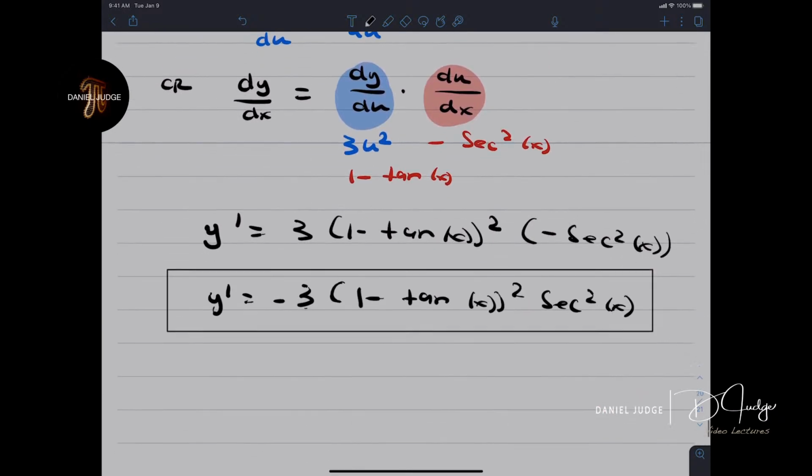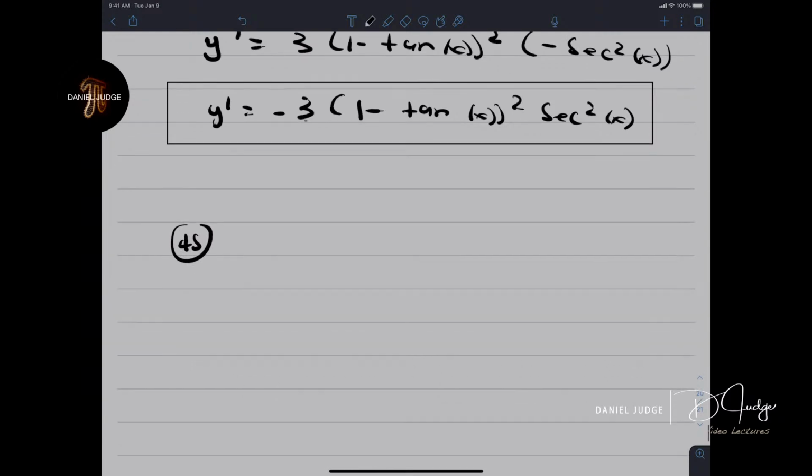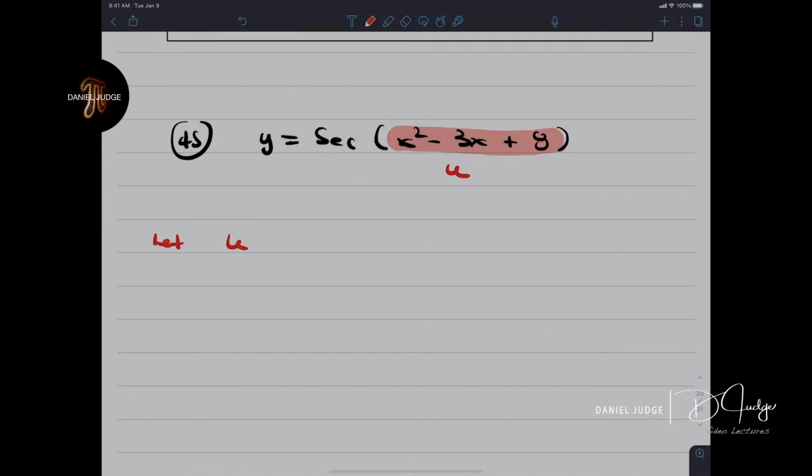43. Y equals secant of x squared minus 3x plus 8. So your inside function, your u, which is inside the parentheses, is x squared minus 3x plus 8.